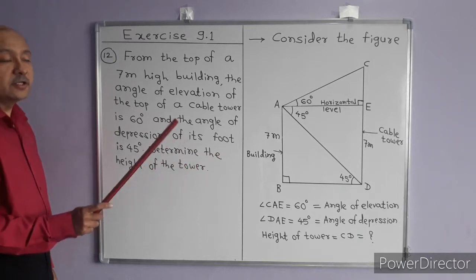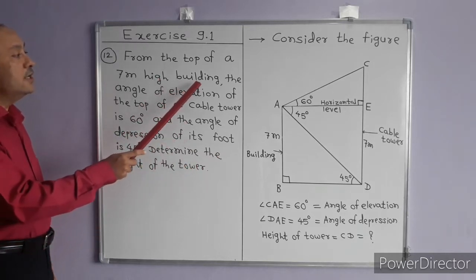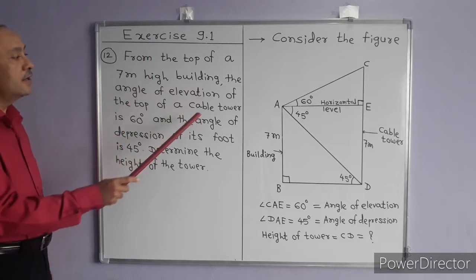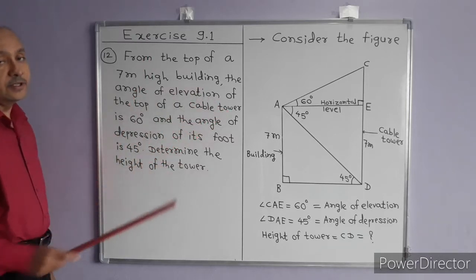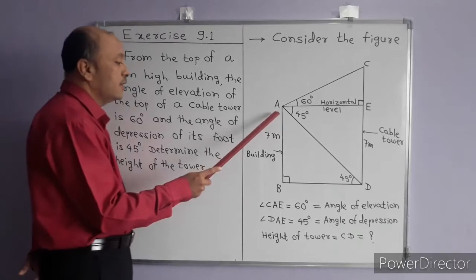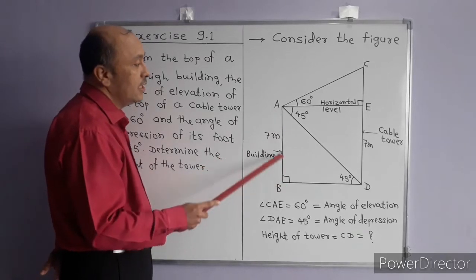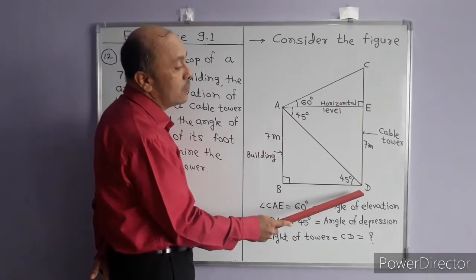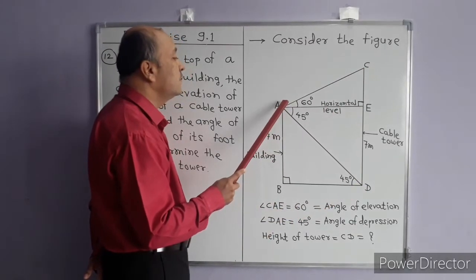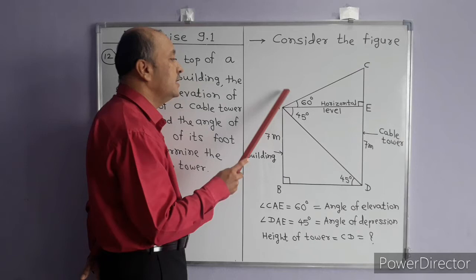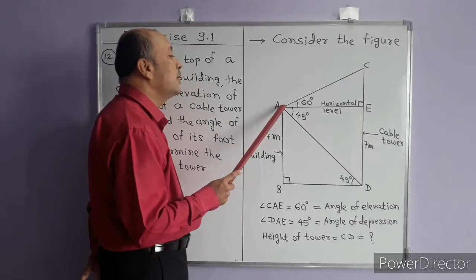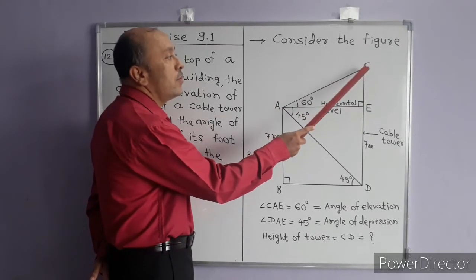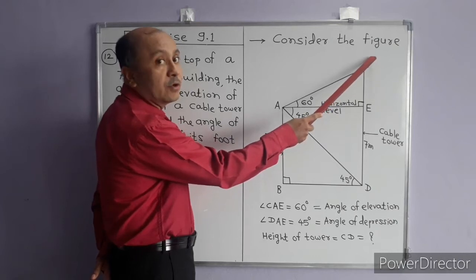So what are the things involved? A building is involved here and a cable tower is involved here. AB is the building and CD is the cable tower. The observer is at A. From point A, he will look to the top of the tower, C is the top of the tower.